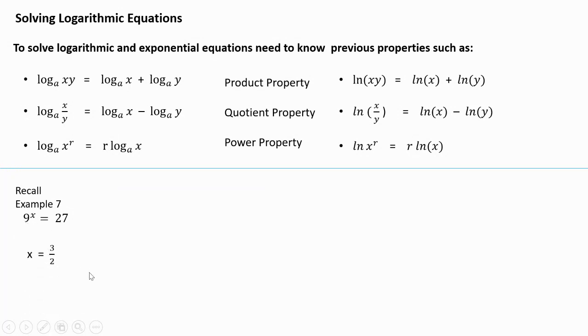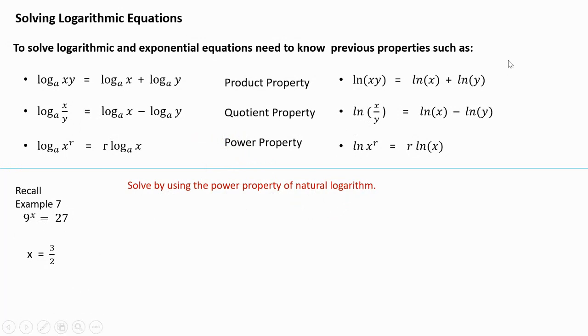You can solve it another way. Remember, the answer was 3 over 2. I like to use the natural log instead of the logs, because when you get to the next chapter, the finance chapter, you don't use log anymore. You use the natural log. That will prepare you for chapter 5.